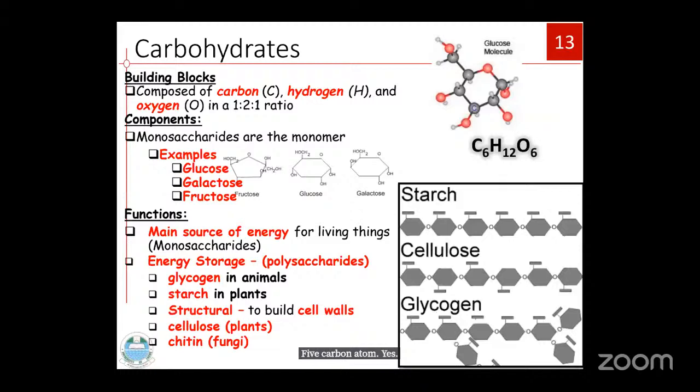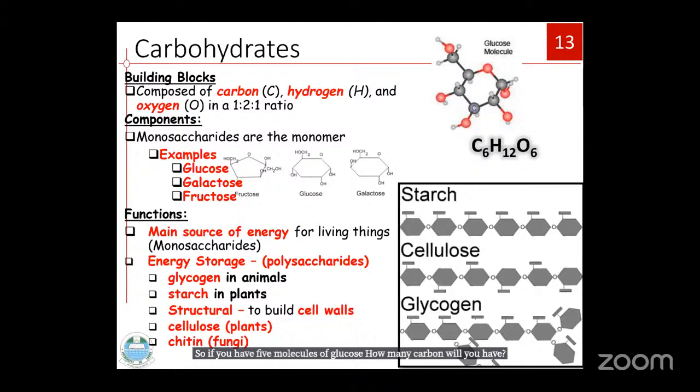I see different answers. CH2O, 5 molecules. Glucose is C6H12O6. So if you have 5 molecules of glucose, how many carbon atoms will you have?